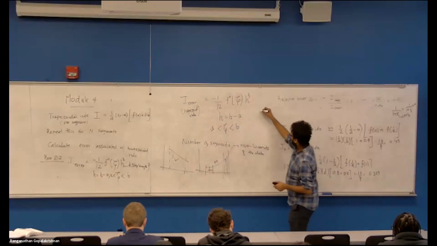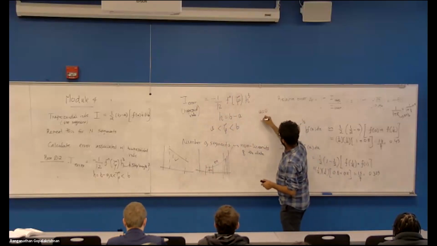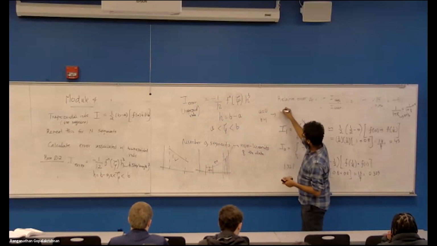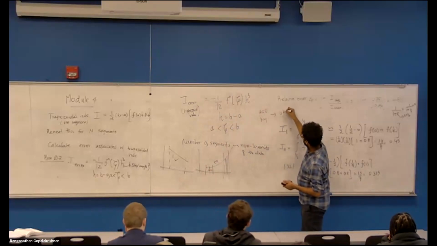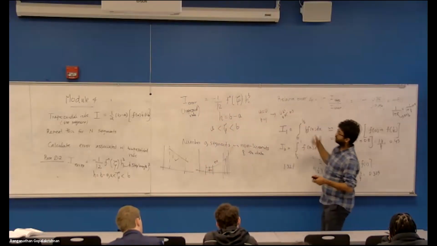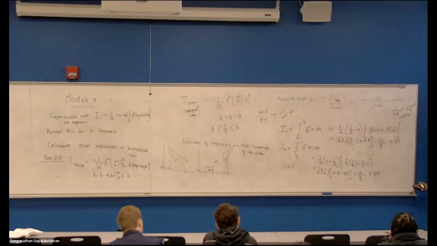So suppose a is 0 and b is 1, you are free to choose any value between 0 to 1. So you can choose 0.25, 0.75, 0.3, whatever between 0 to 1 is a valid choice.